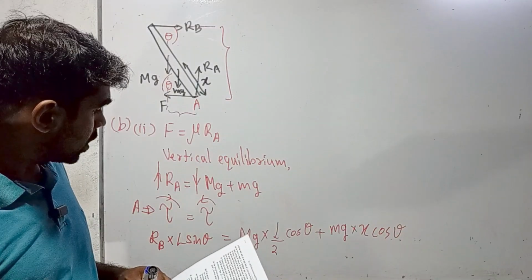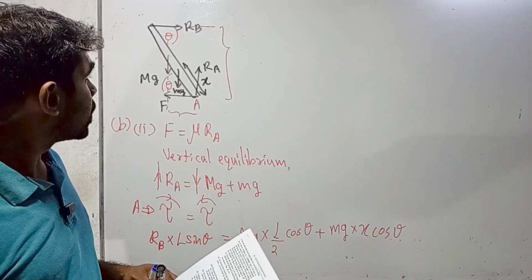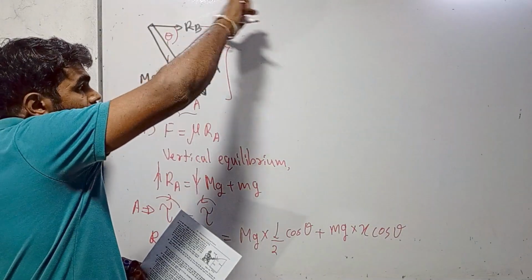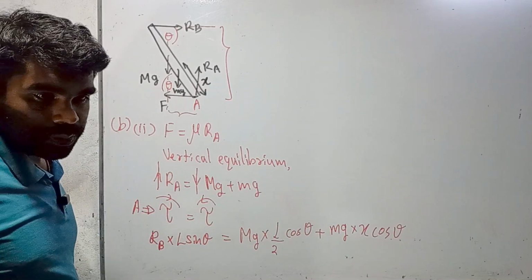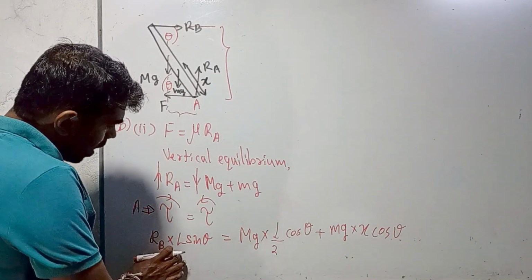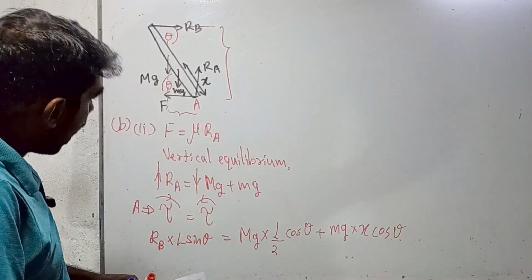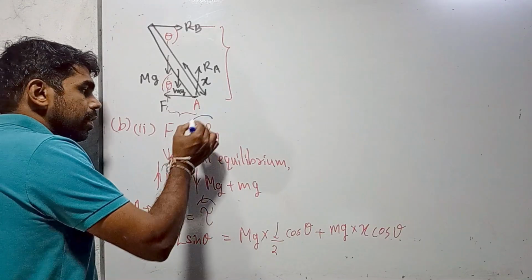For the sliding condition, we know that Rb in this direction should be equal to F in opposite direction. Therefore, we can substitute Rb value as mu Ra.